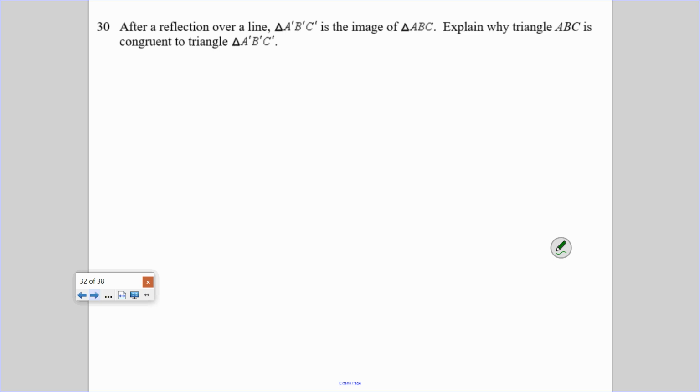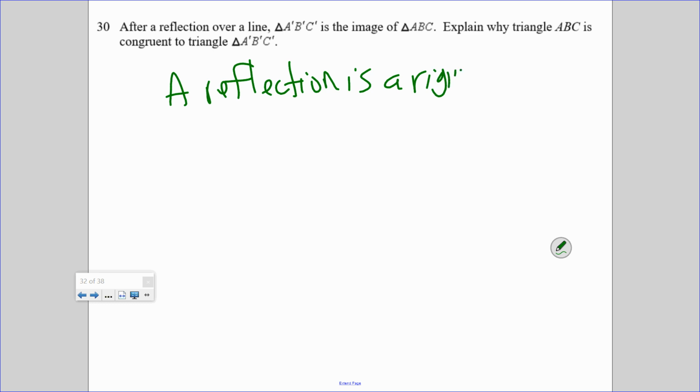It says, after a reflection over a line, triangle A prime, B prime, C prime, the image of triangle ABC, explain why they're congruent. Well, a reflection is a rigid motion. And a rigid motion, I have a song for this as well, of course.